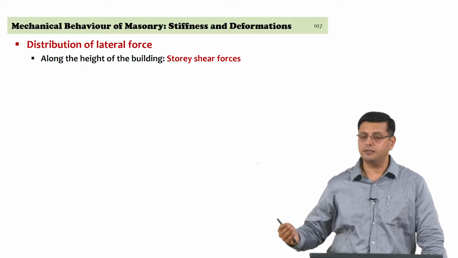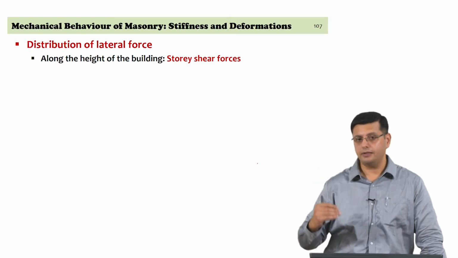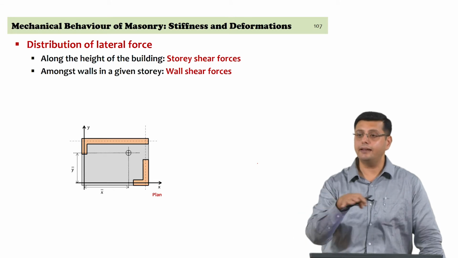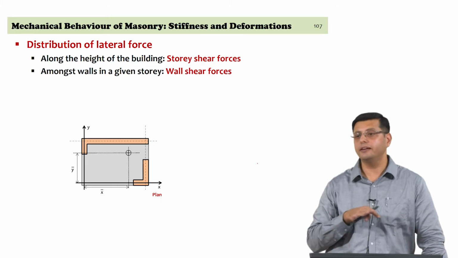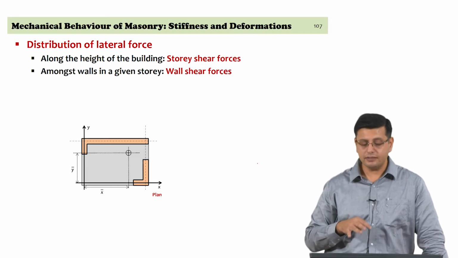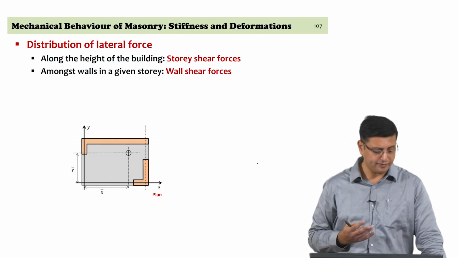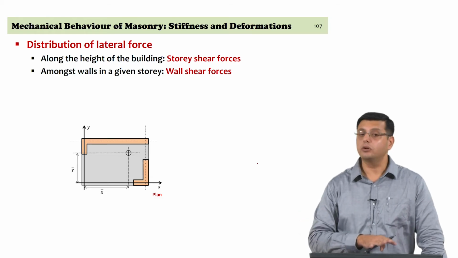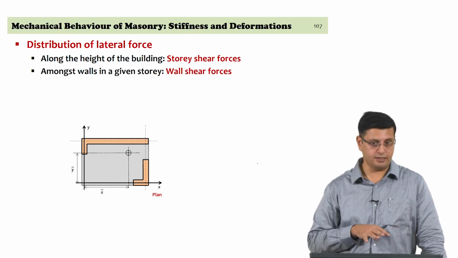So, the first transition is, once the base shear is established, you need to know what the story shear is. Once the story shear is established, that story shear then has to be distributed among the different walls in a given story. So, you need to know the distribution of the walls, and this distribution is affected by several parameters. You can have a situation where there is total symmetry in the plan layout of the structure.